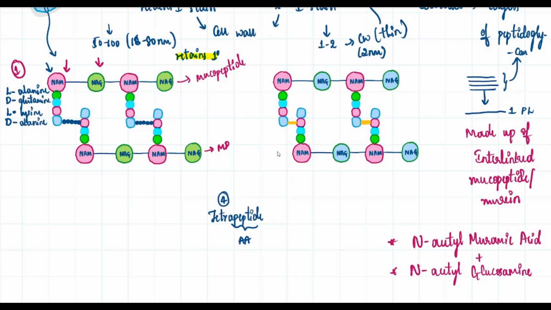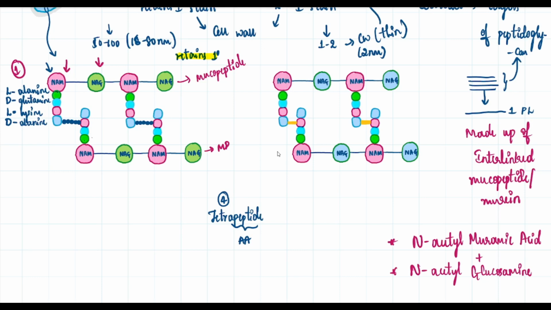Here also, see, the amino acid that is attached to N-acetyl muramic acid is L-alanine. You can see this layer is flipped, right? This mucopeptide is opposite of this one. It is flipped vertically, so there is no change. The amino acid that is attached to N-acetyl muramic acid is L-alanine only, the green one.